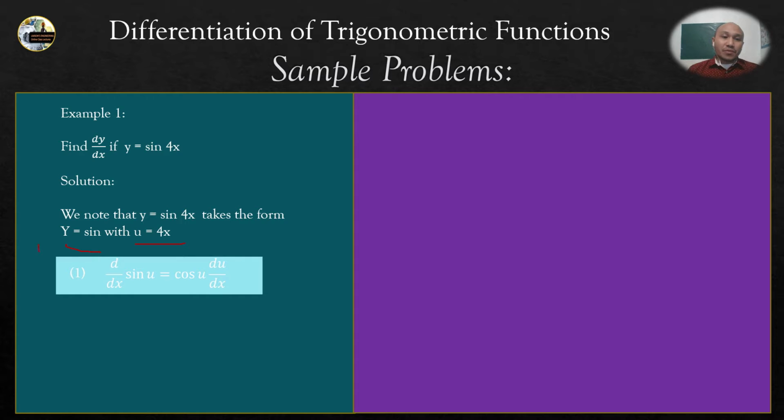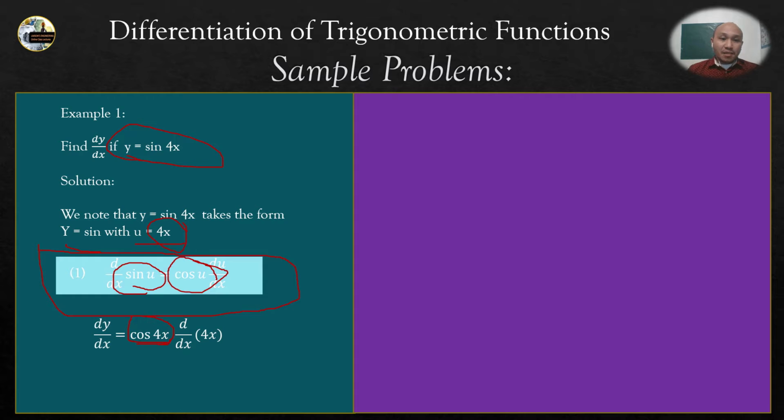So here we will use formula number 1 because this one is in sine form: d over dx sine u is equal to cosine u du over dx. Then dy over dx is equal to cosine 4x. So sine 4x will be converted to cosine u. Our u is 4x, that's why it becomes cosine 4x.